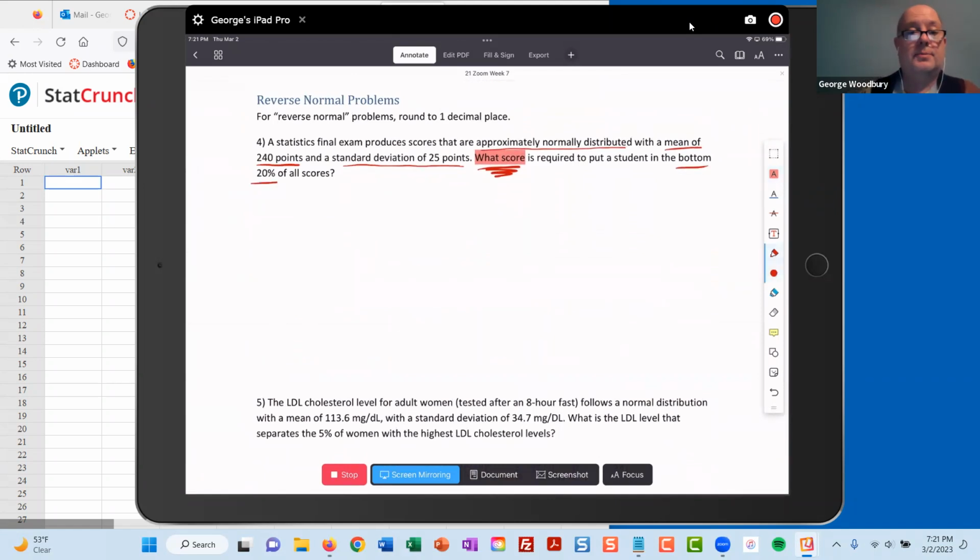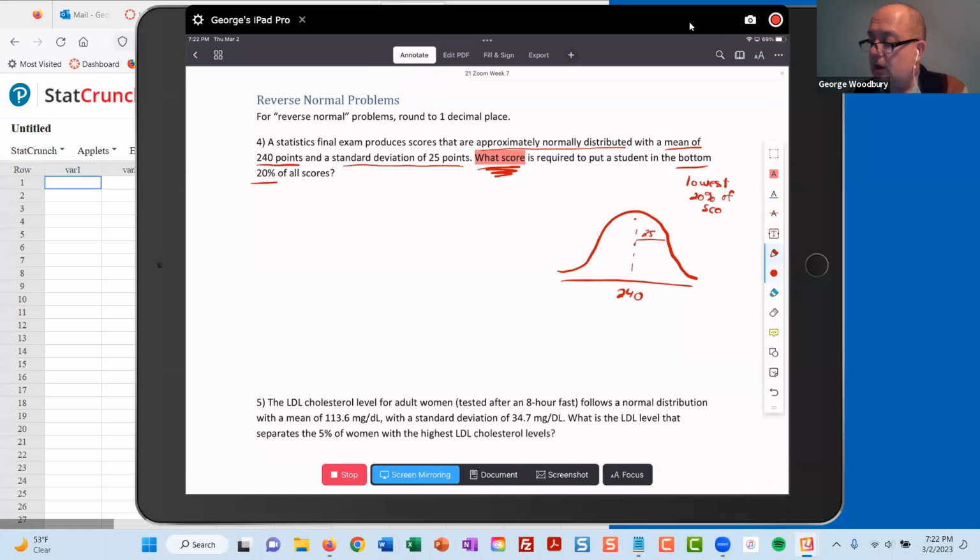And the 20%, the bottom 20%, that's actually the probability. So what's going on here is if I draw the bell curve, the mean is 240. The standard deviation measures how spread out it is from left to right. It's saying what score puts a student in the bottom 20%. The bottom 20% will be the lowest 20% of scores.